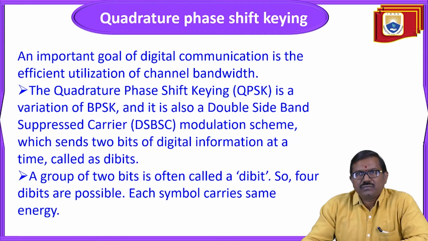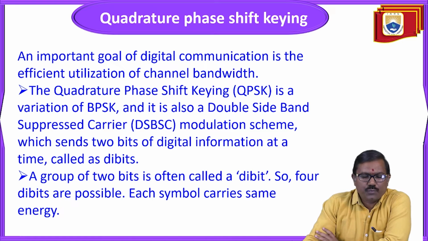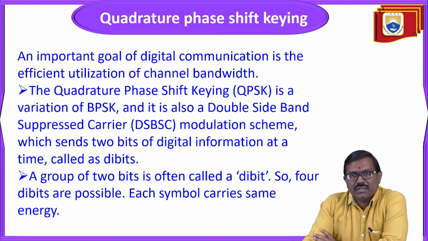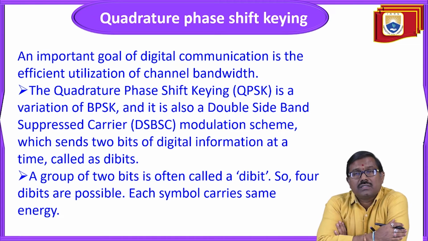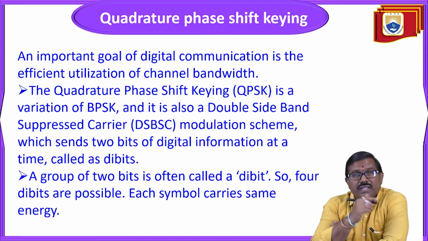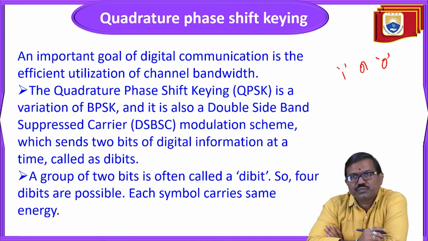So what is quadrature phase shift keying? An important goal of digital communication is the efficient utilization of channel bandwidth. Why is the term efficient utilization used? In the previous techniques we discussed, which are binary, we can send only one bit at a time, either 1 or 0.